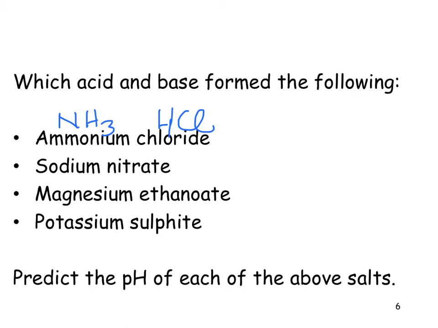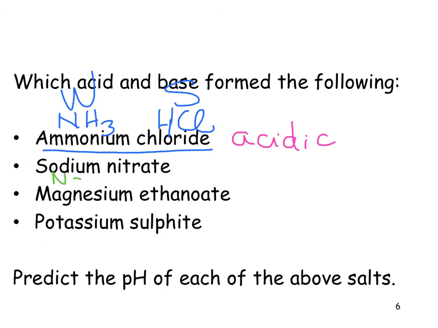Hydrochloric acid is a strong acid. Ammonia is a weak base. So that would mean that this particular salt, ammonium chloride, if I put it into water, would create a slightly acidic solution.